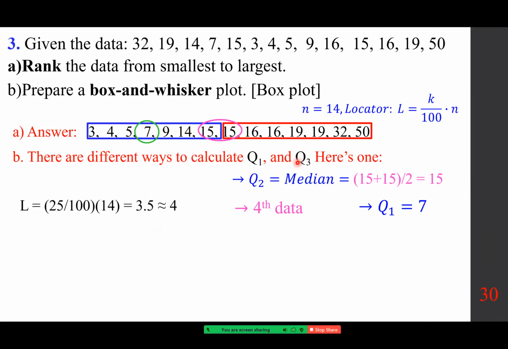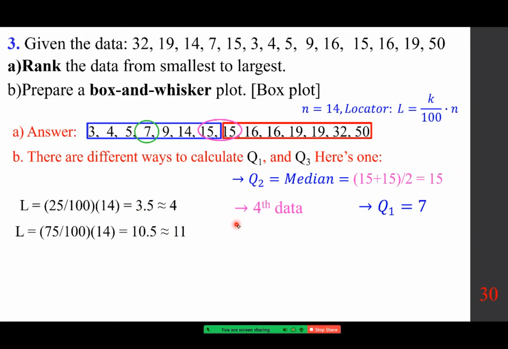For Q sub 3, the bottom 75% is separated from the top 25%, and this is 0.75 or 75 over 100 times what number? 14. Why 14? There are 14 pieces of data. The answer is 10.5. Rounded up is 11.